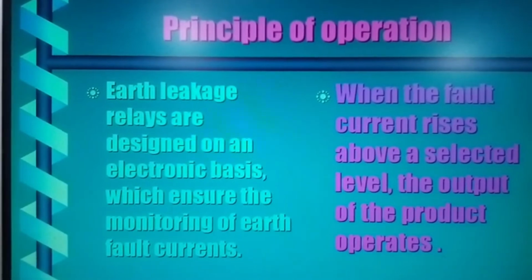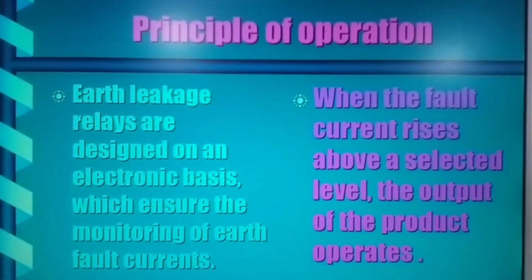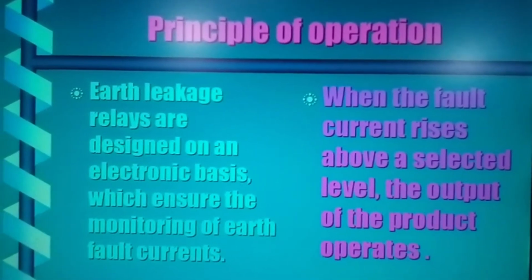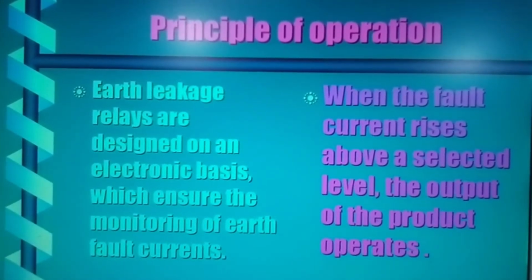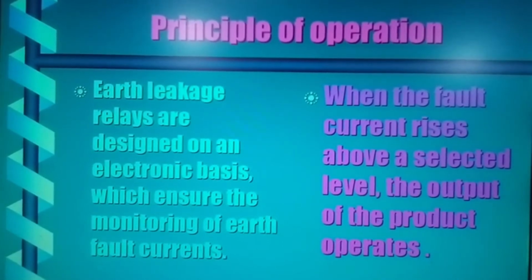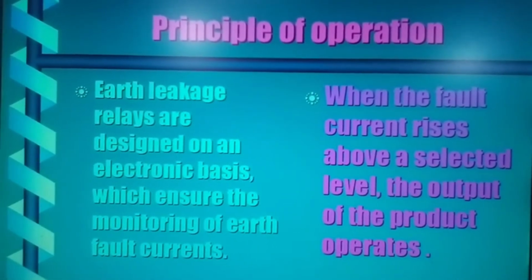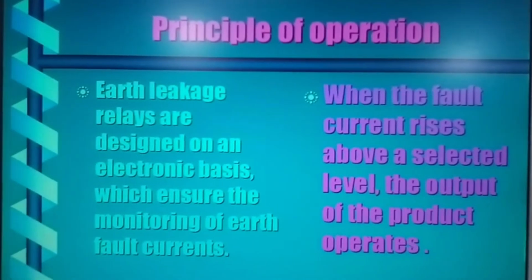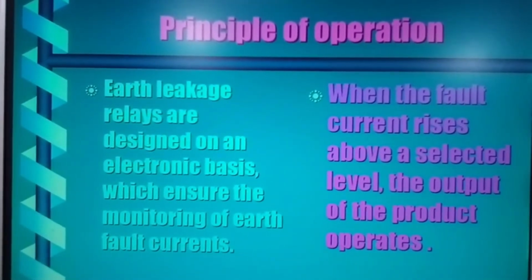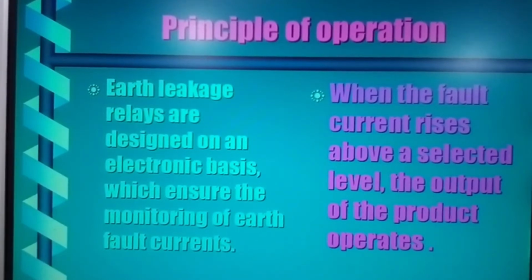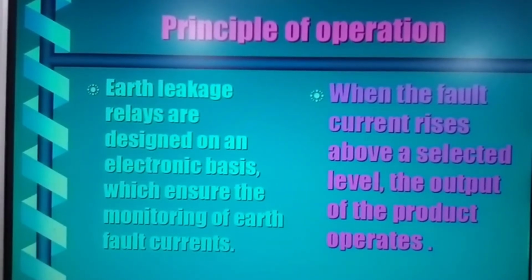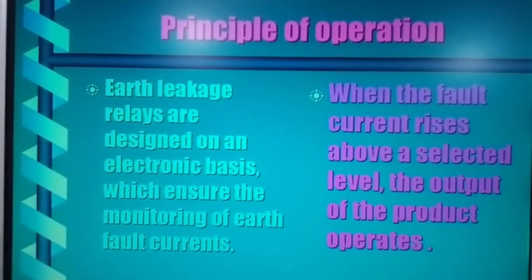Now, principle of operation. Earth leakage relays are designed on an electronic basis, which ensures the monitoring of earth fault currents. When the fault current rises above a selected level, the output of the product operates.